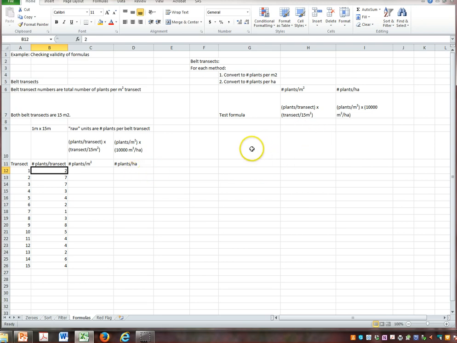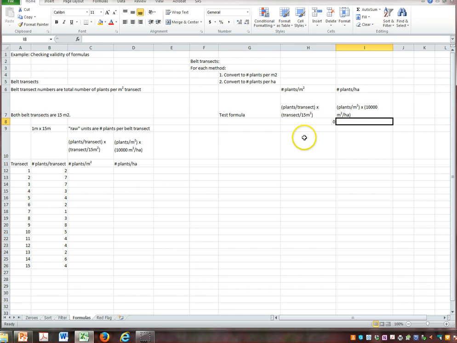So what I do is I use a test formula. I know that I need a formula so that I can calculate the number of plants per transect, and that my transect was 15 meters squared. And so I would set up a formula where I tag the cell next to where I'm putting the formula, and then would divide by 15. I would do the same thing with the number of plants per hectare.